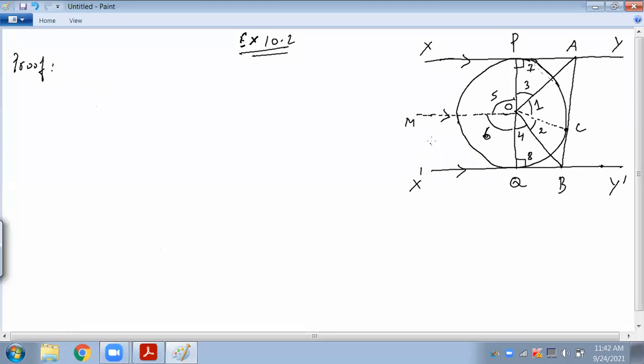Okay, proof. First we'll show that the line POQ is a straight line. We are just joining OP and OQ.